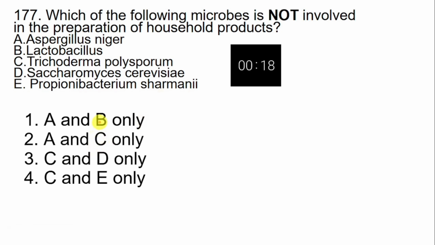Lactobacillus is used, Saccharomyces cerevisiae is used, and Propionibacterium shermani for Swiss cheese. This is for baker's yeast and this is for curd preparation. So we have A and C as the only ones which are not used for household products. So A and C is option number 2. Yeah, this is the answer.